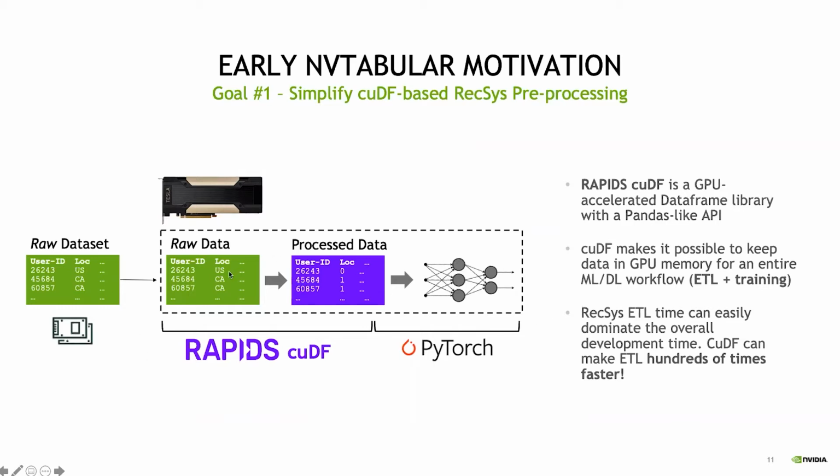You can pull the data into GPU memory from disk, process the data in cuDF, and then pass it directly into something like PyTorch. This can make the ETL time hundreds of times faster in some cases. And so it makes a lot of sense to try to leverage this if we can, right?